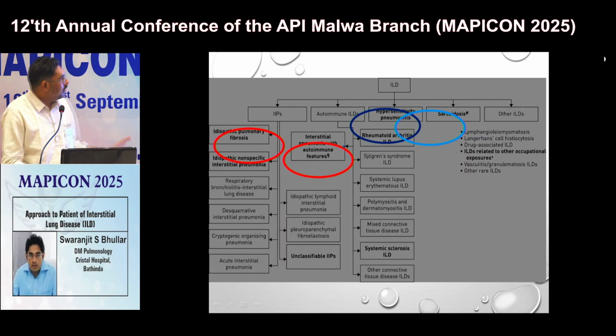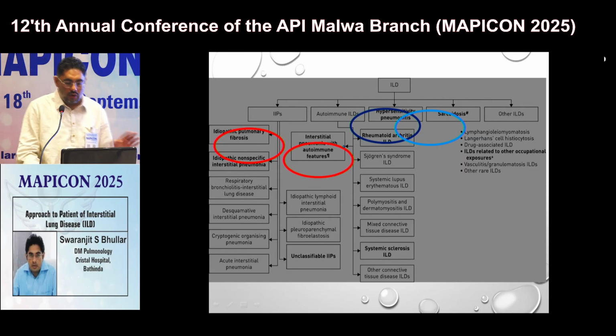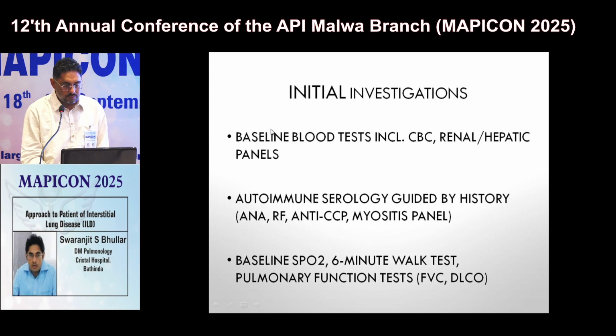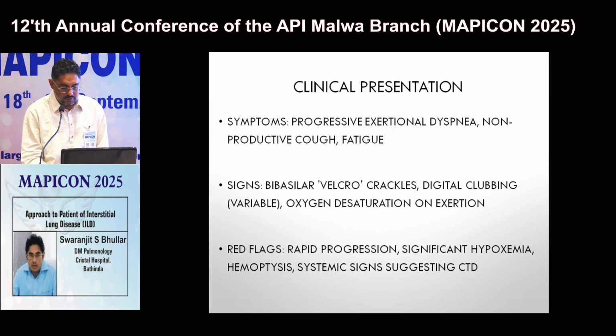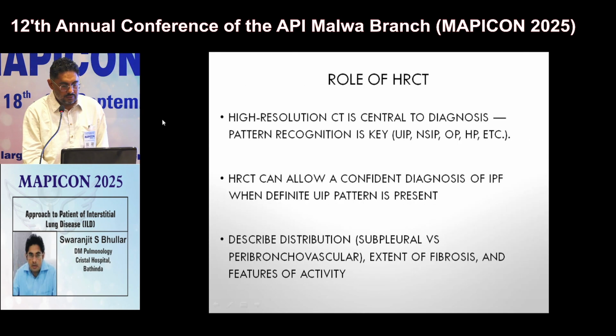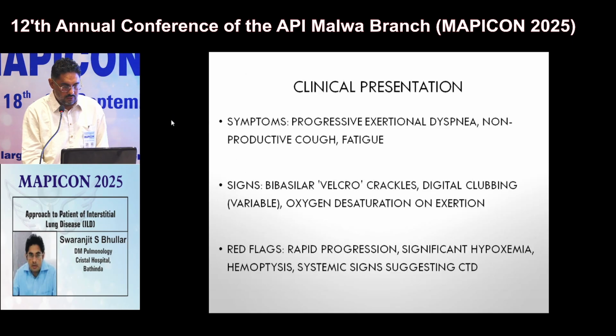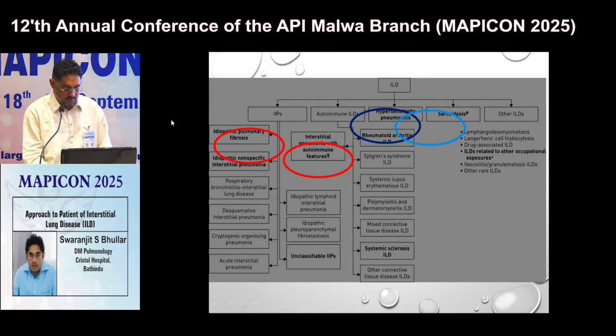So this is the classification of ILD. I will not go into too much detail. The most important are the idiopathic interstitial pneumonias, the IIPs.